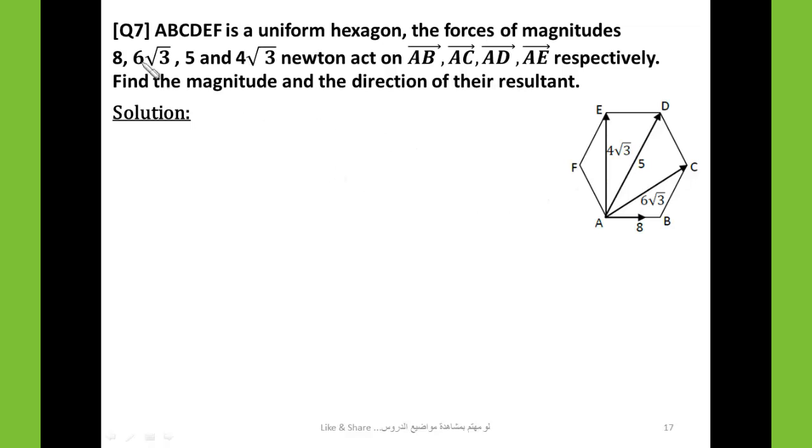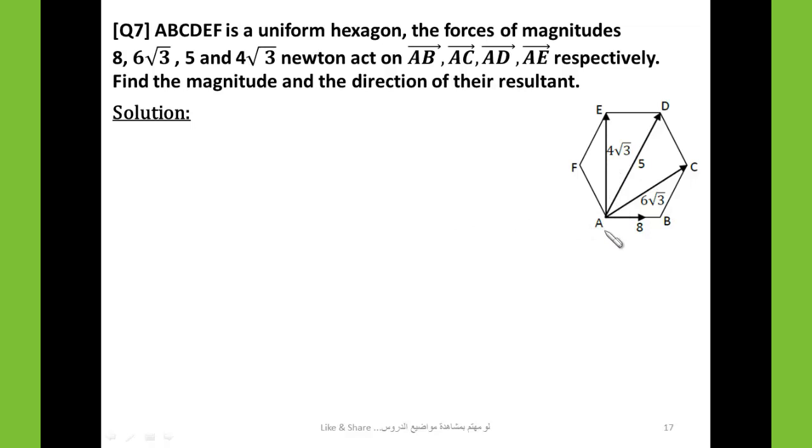The first force 8 acts in the direction of the ray AB, the 6 root 3 acts on AC, the 5 acts on AD, and the 4 root 3 acts in the direction of the ray AE. Find the magnitude and the direction of their resultant.